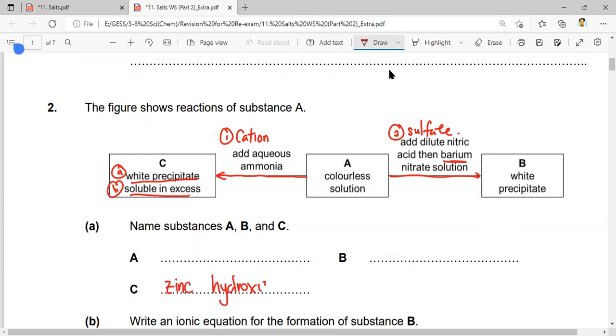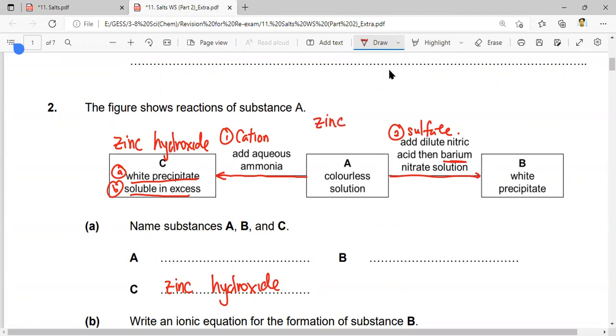The precipitate that dissolves in excess is zinc hydroxide. Then the question you ask is, I'm testing for cation in A. C is zinc hydroxide. So what does it mean? It means that A must have contained the cation zinc.